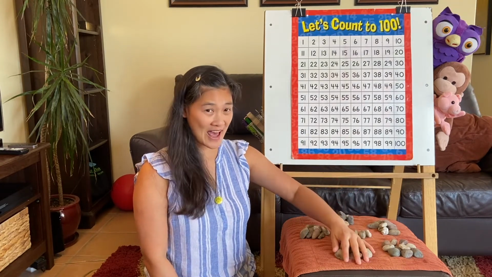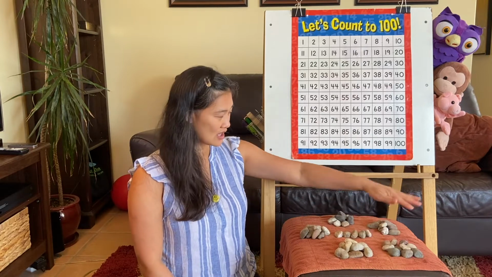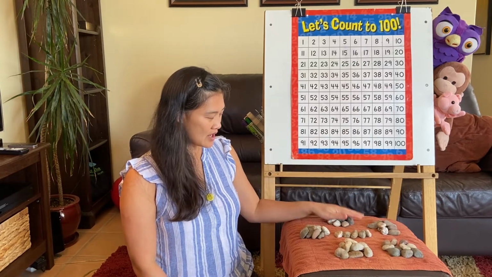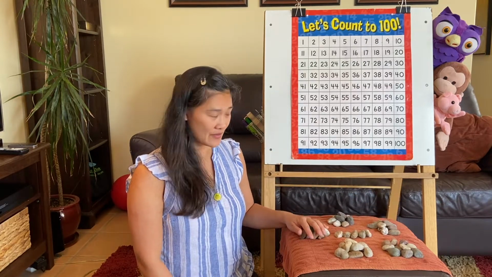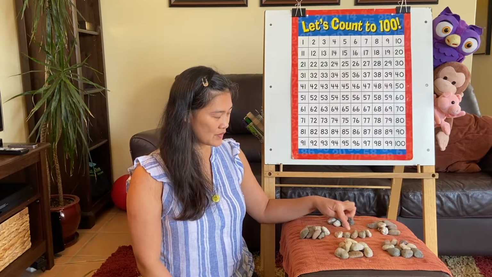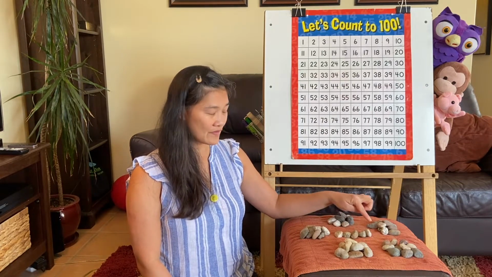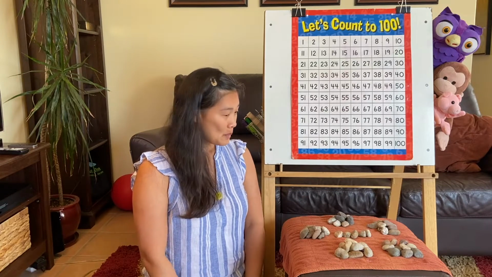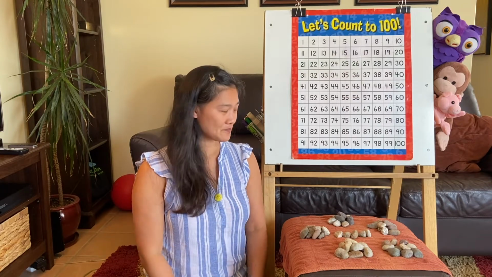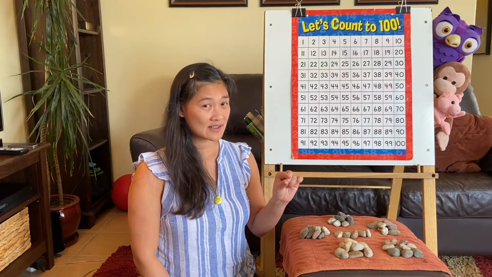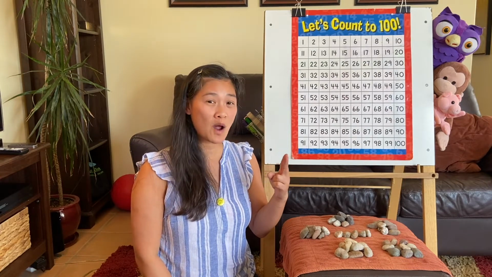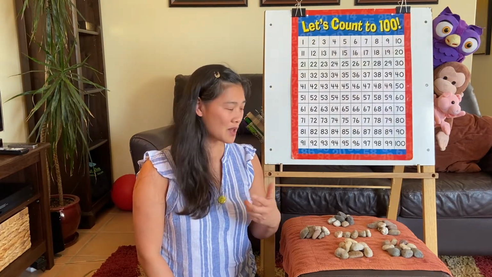Ready? 10, 20, 30, 40, 50, 51, 52, 53, 54, 55. We have 55 rocks. Last week we had 57 blocks. So we have just a little bit less, right? We only need 2 more rocks to be equal to the blocks.